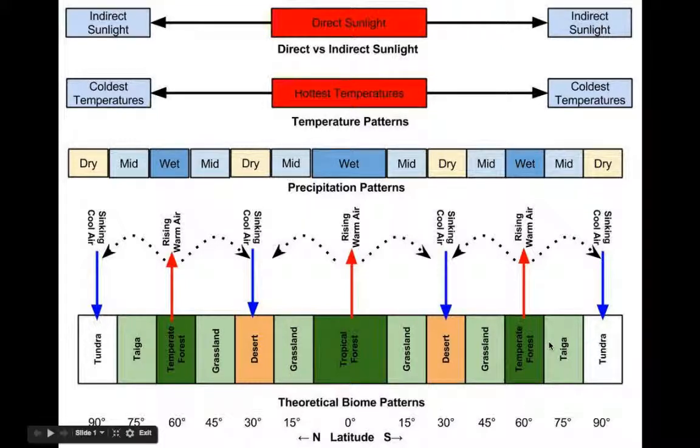So the first thing we're going to talk about is direct sunlight. What you need to know is that the middle portion of our planet is getting pummeled with direct sunlight. And you can see here anywhere near the equator, we've got direct sunlight hitting really hard. So that means that this area near the equator is receiving light that is shooting straight into the equator.